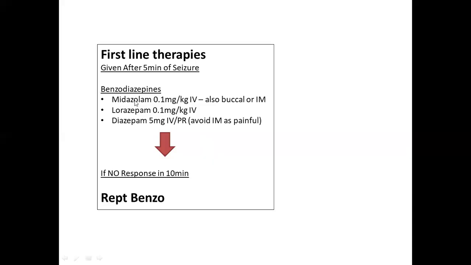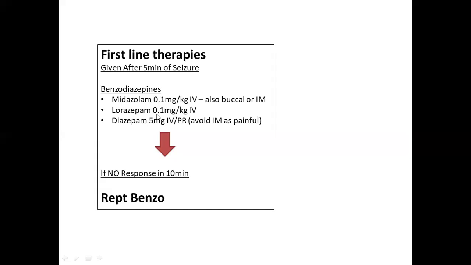Benzodiazepines: midazolam, lorazepam, or diazepam; IV or IM midazolam, and IV or PR diazepam. Diazepam cannot be given IM because of severe pain. Give the initial medications and wait for 10 minutes.